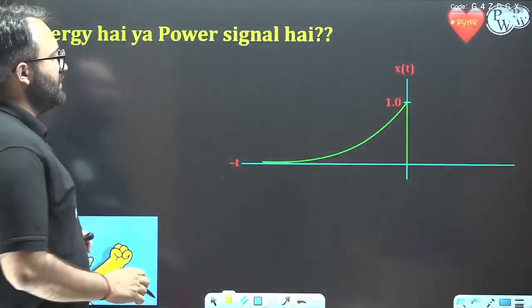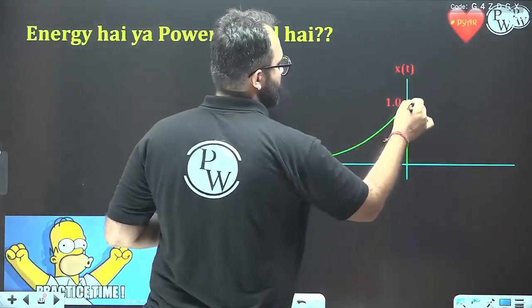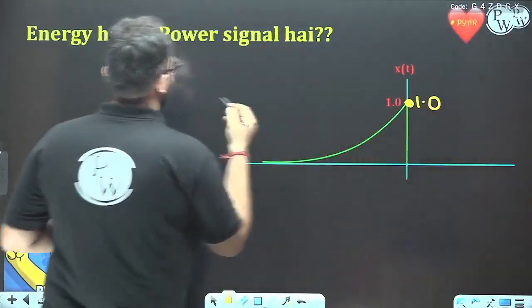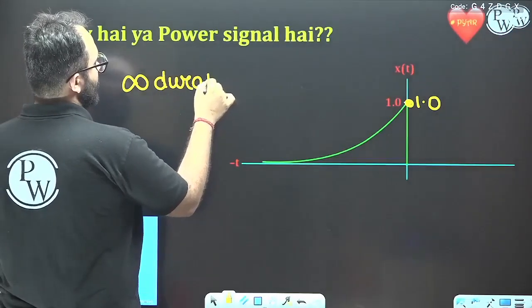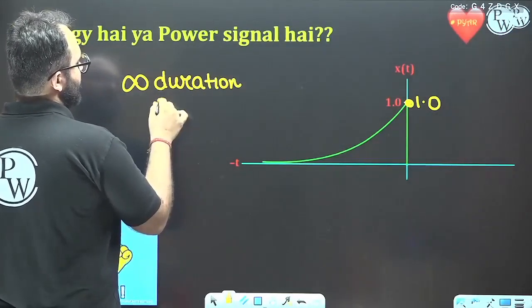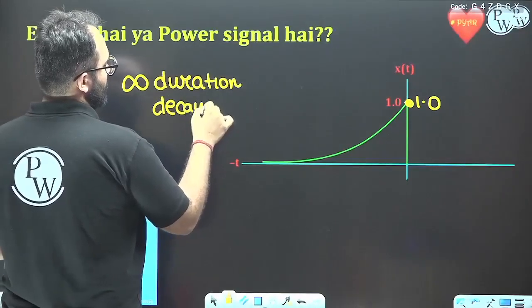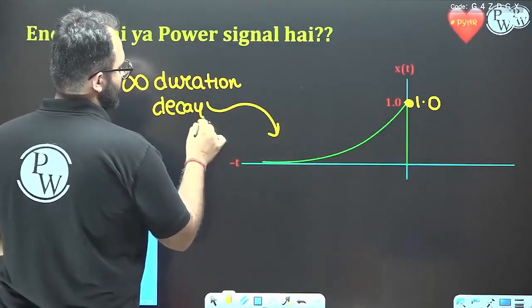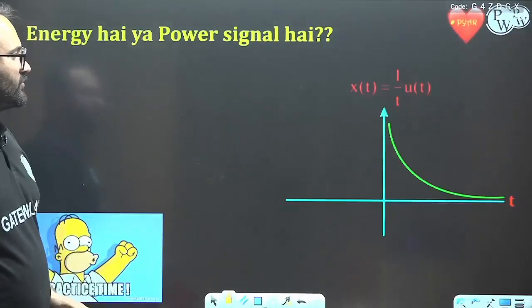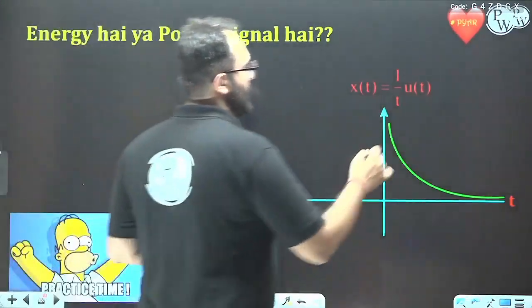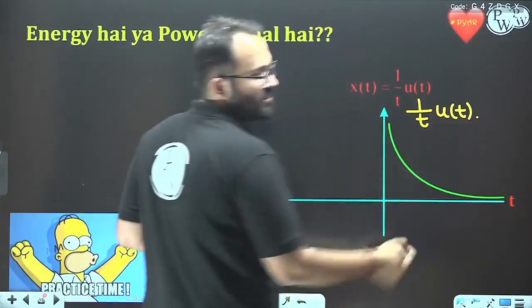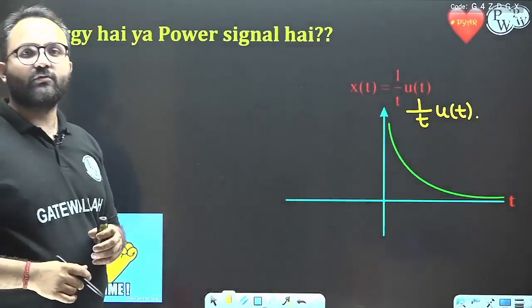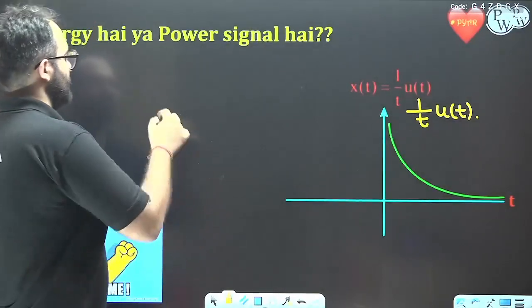This is a signal which is decaying in nature, starts from 1.0. It is of infinite duration, but it is decaying in nature. So this is an energy signal. I hope all of you are able to do it. This is the signal 1 upon t u(t). 1 upon t means at t equal to 0, it will touch infinity.